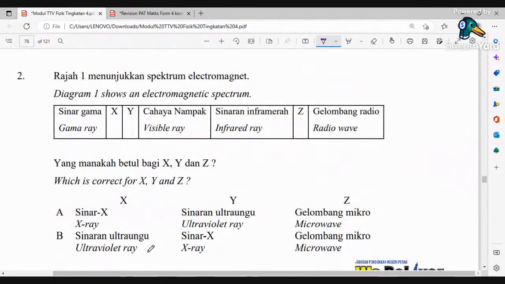Number 2, diagram 1 shows the electromagnetic spectrum. Which is correct for X, Y, and Z? You need to memorize the arrangement, kena ingat lah.